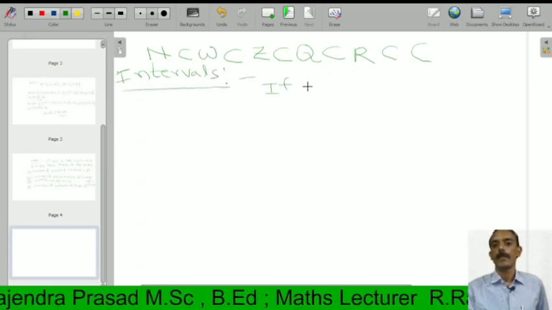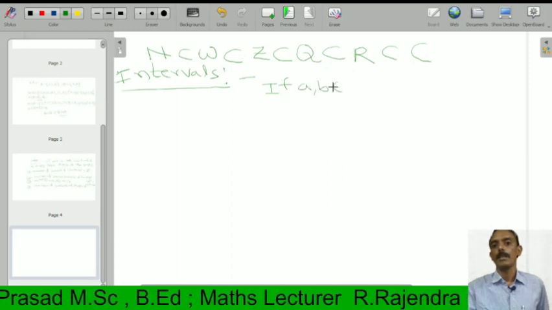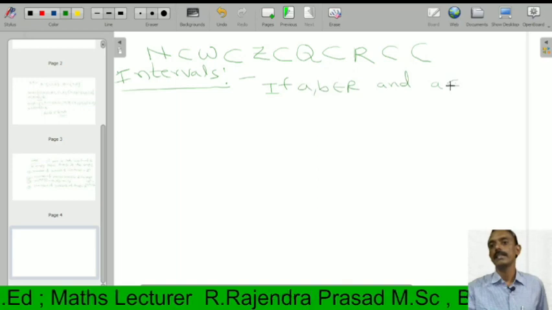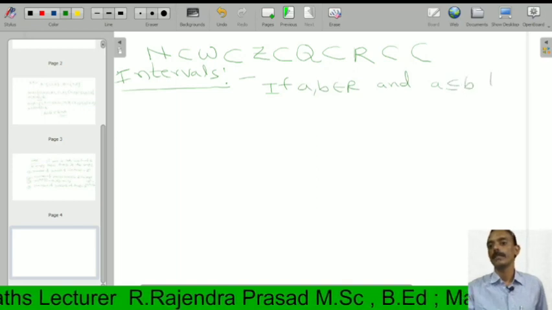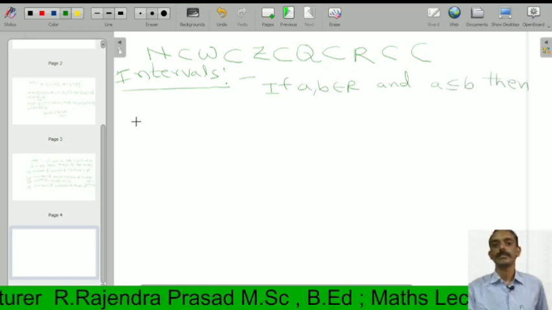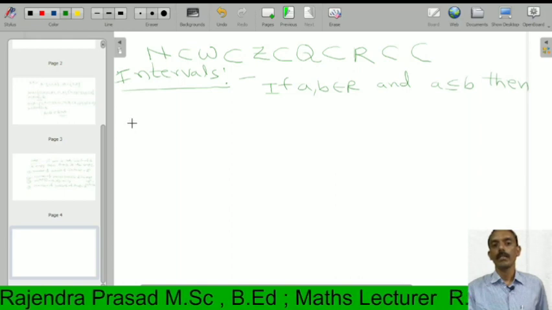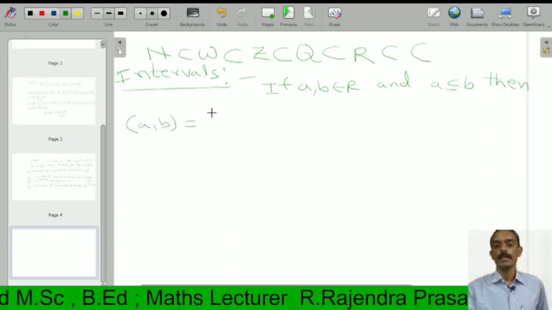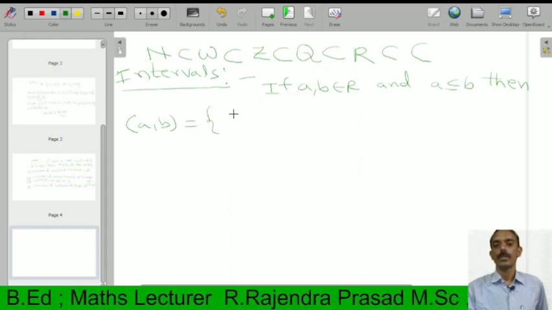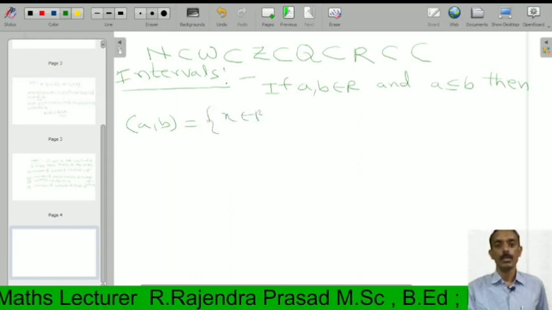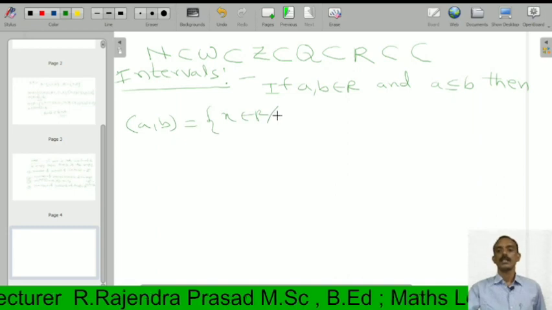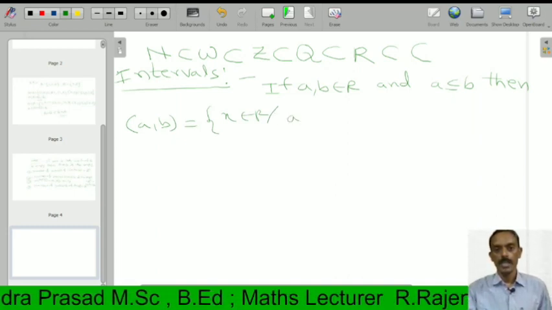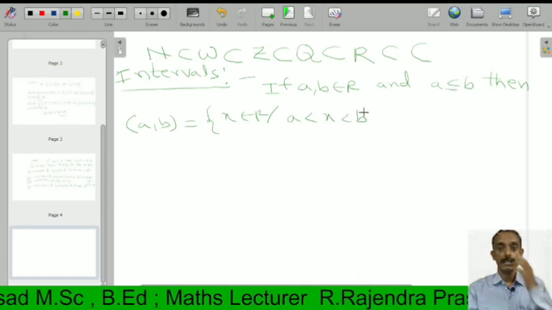If a, b belongs to R and a is less than or equal to b, then open interval (a, b) equals the set of x belongs to R such that a is less than x is less than b.